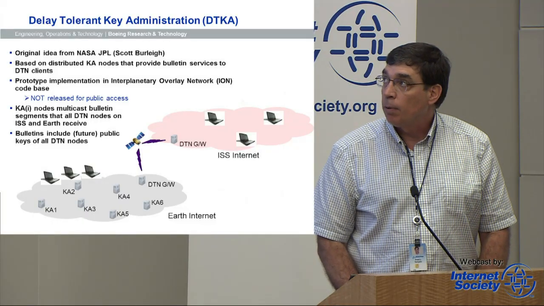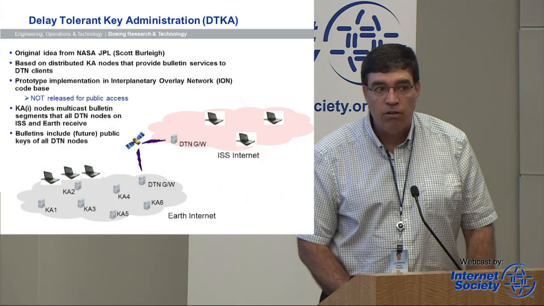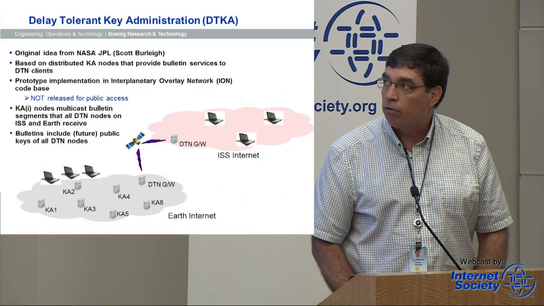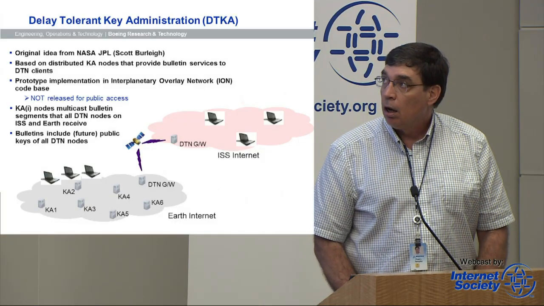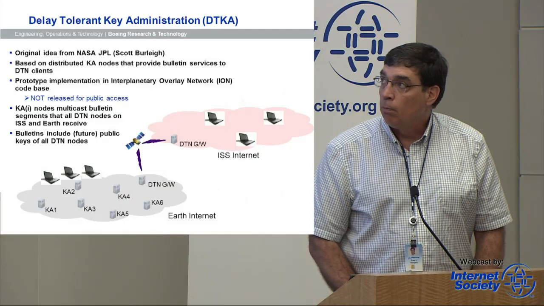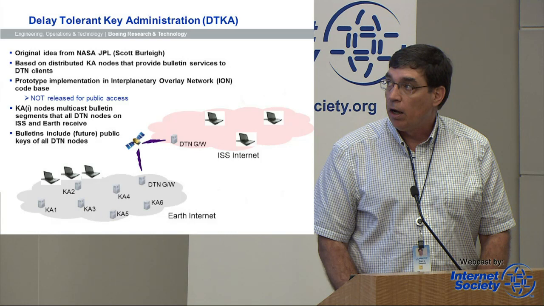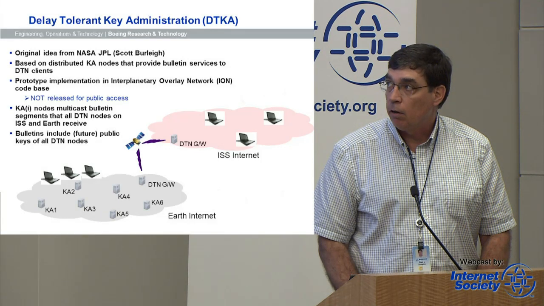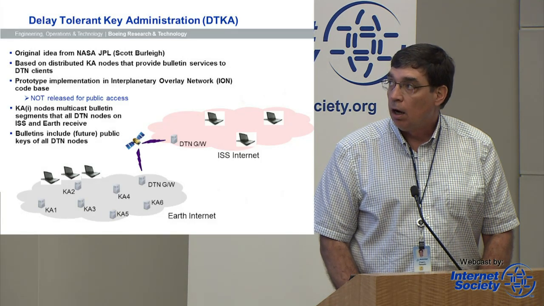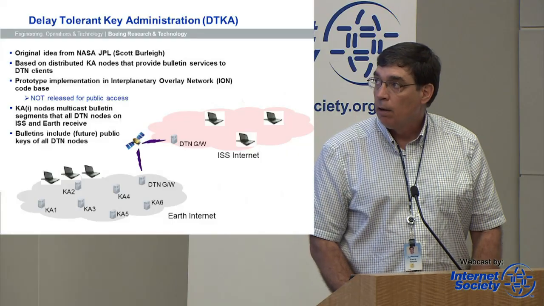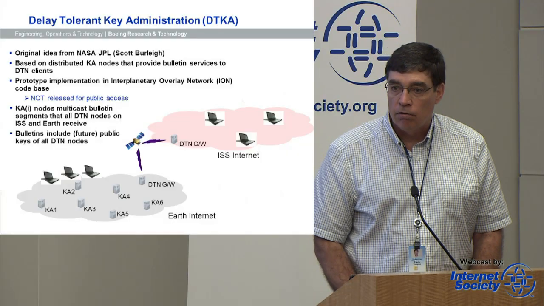It's not yet released for public access, but in Scott's presentation, he announced a potential release candidate for that function. The key authority nodes multicast bulletin segments that all DTN nodes on the International Space Station and on Earth receive. The bulletins include the future public keys of all DTN nodes.